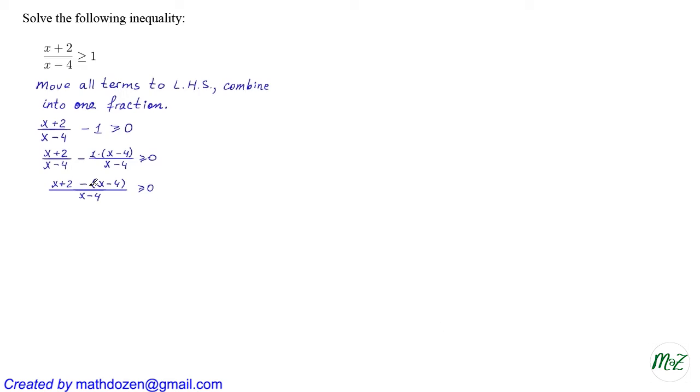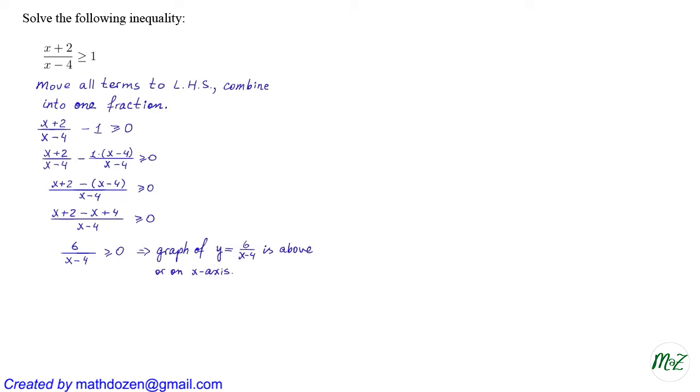Then distributing the negative sign, we end up with x plus 2 minus x plus 4 in the numerator. Combining like terms, x minus x cancels out, and 2 plus 4 is 6. So the simplified form of this inequality is 6 over x minus 4 is greater than or equal to 0.